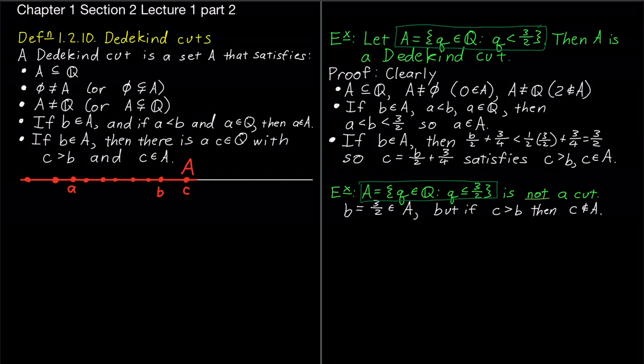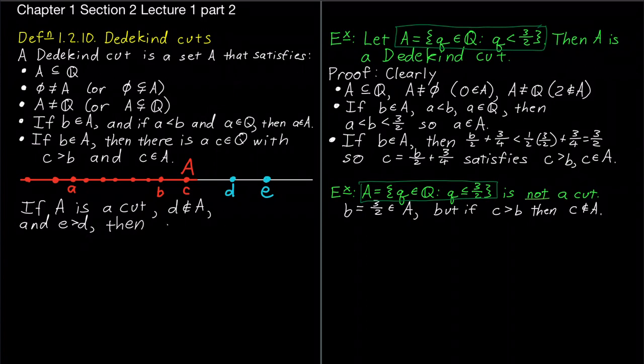One last thing I would like to point out: if you've got a Dedekind cut A like we've drawn in red over on the left, and you pick some point D that is not in A, and you pick some other point E that's bigger than D, then E cannot be in A either.